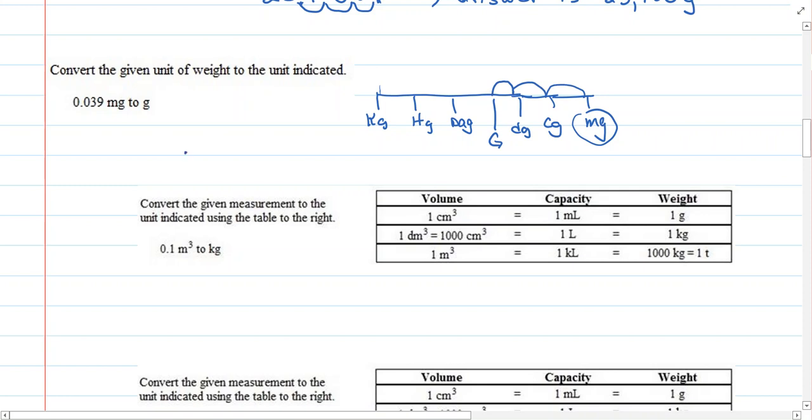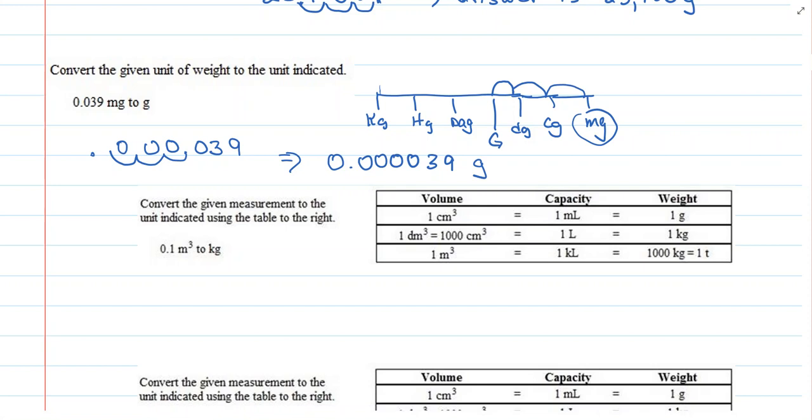So we take our decimal, and then we move 1, 2, 3. So our answer is 1, 2, 3, 4, 3, 9 grams, because grams is a larger unit, so there's less of it than the milligrams that we started with, which are our smallest unit.